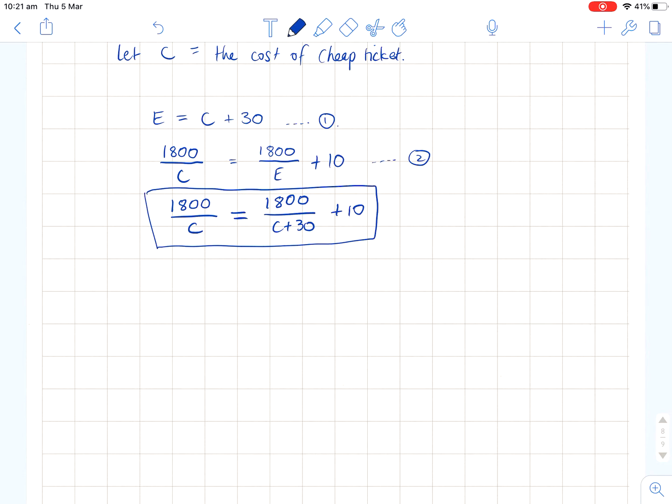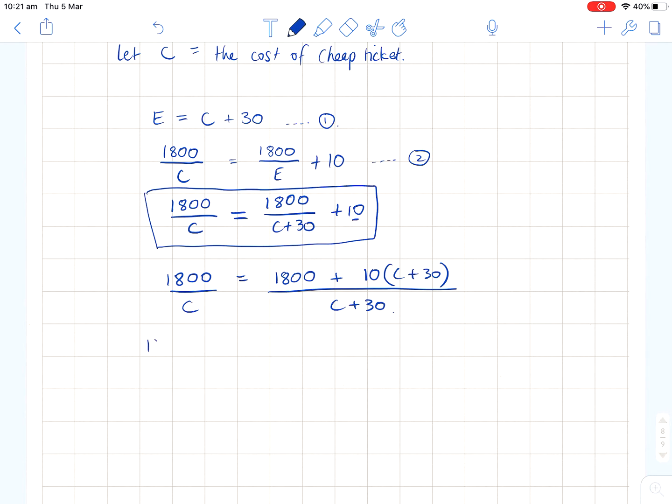The first thing, recognise that this is a fraction. It's a tricky fraction, and I need to get a common denominator. So I can multiply that 10 by the C plus 30, and now I've got a common denominator of C plus 30. Then cross multiply.